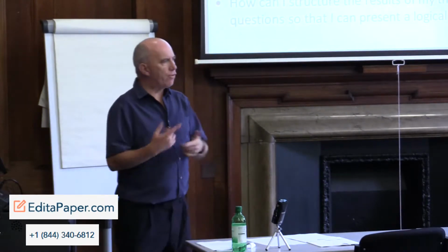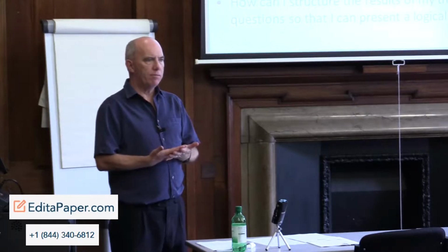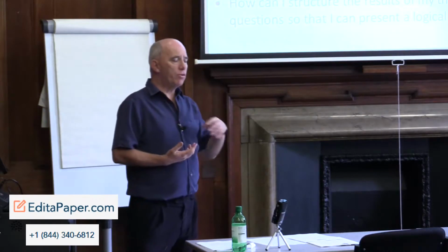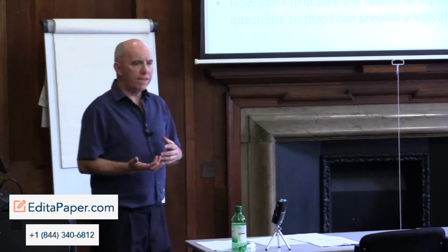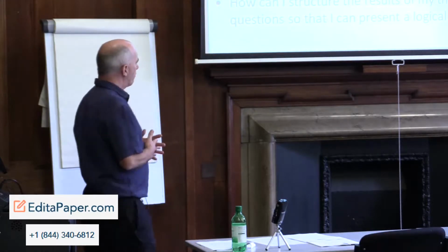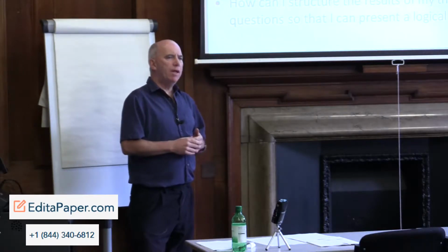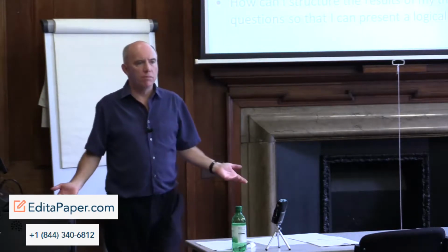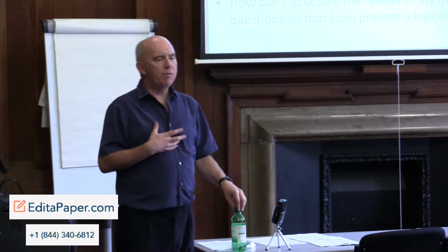Are there weaknesses and strengths in particular pieces of evidence? Or maybe there's no link between the conclusions that people are arriving at and the evidence supporting them. Maybe it's very weak. And why is my point of view more persuasive than other points of view? Why should somebody accept what I'm saying?